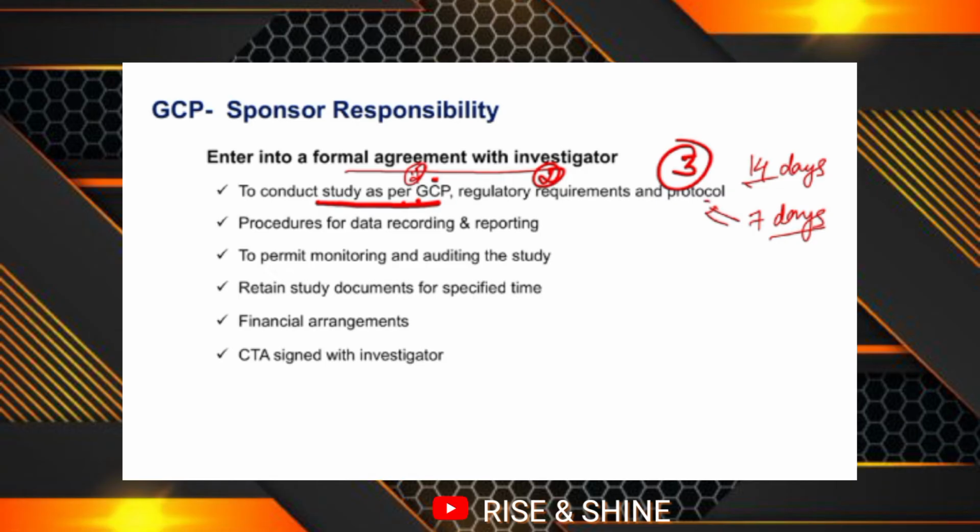And they have to ensure that data is recorded and reported properly to permit monitoring and auditing of the study. All these things the sponsor takes from the investigator in writing, like they will allow auditing and monitoring to happen. It's not like tomorrow some auditor wants to audit the site and the investigator says I don't have time.